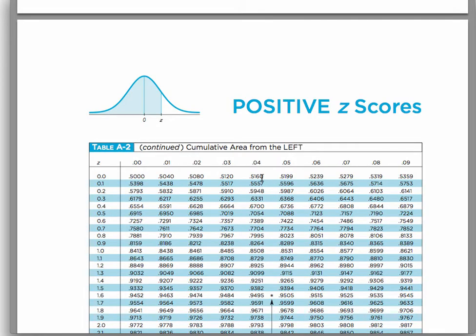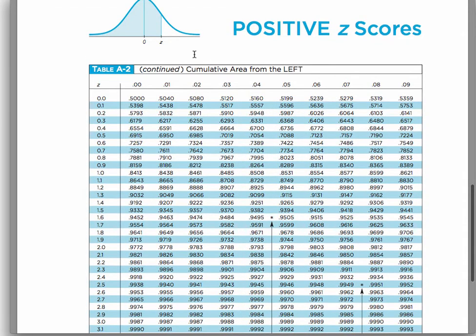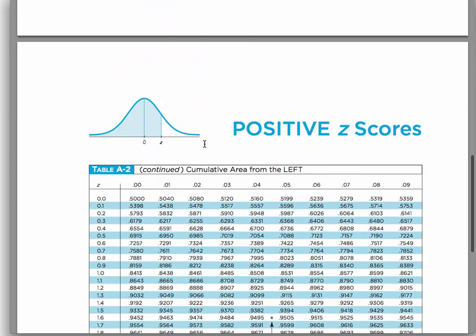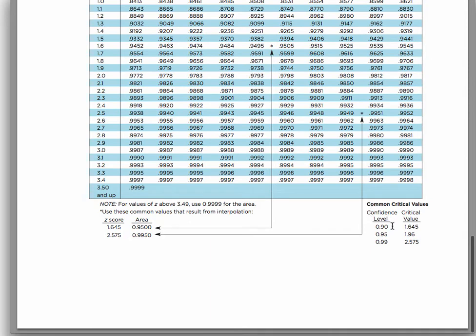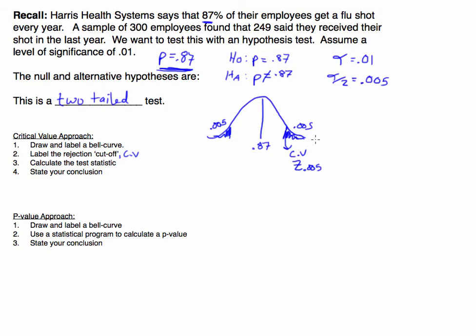So let's get out our z-table to look for the z-score that has 0.005 to the right. If we go back to the picture, if there's 0.005 to the right, that means there's 0.995 to the left.